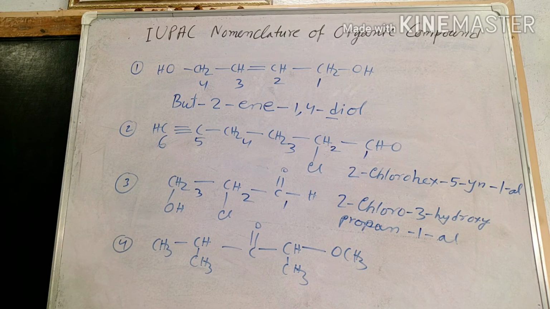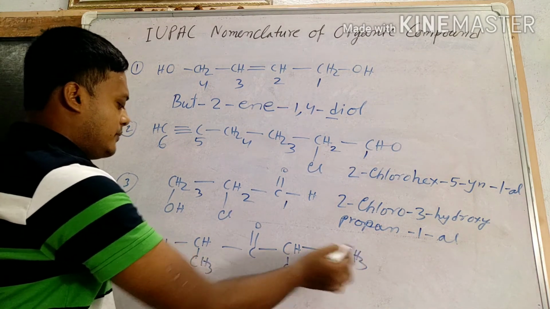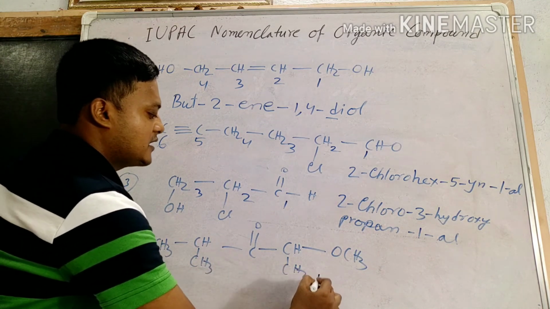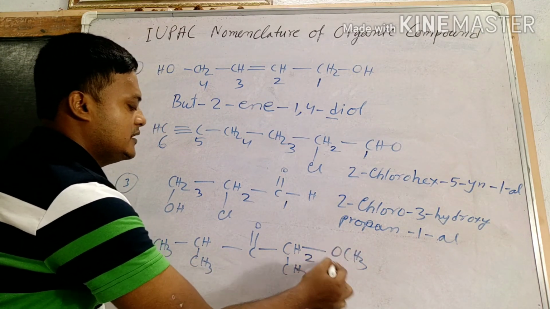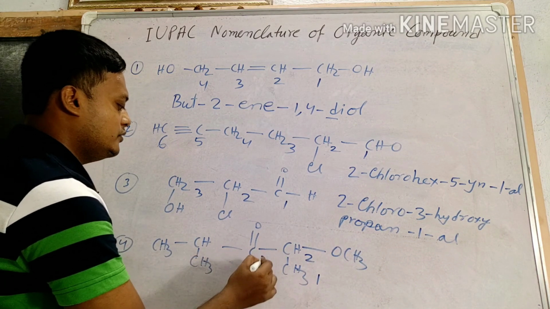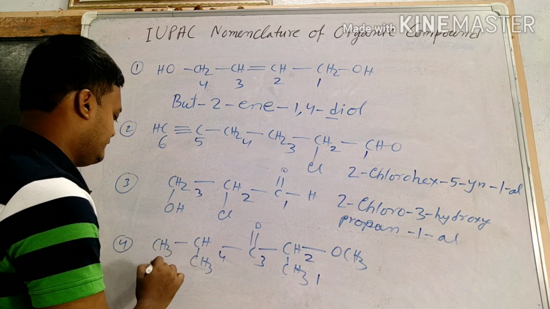Next, the last one. Now alkoxy has more priority than alkyl. So numbering starts from the right hand side because methoxy has more priority than methyl. 1, 2, 3, 4, 5.